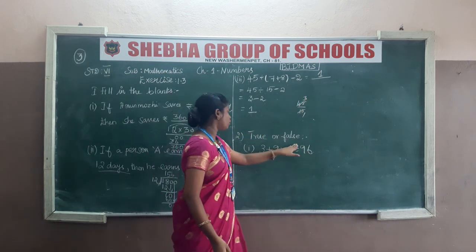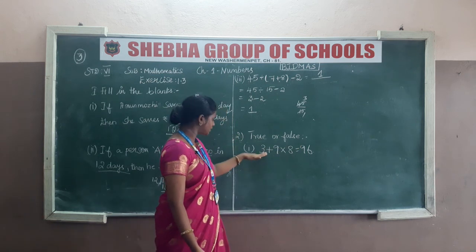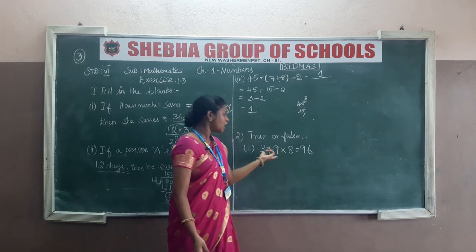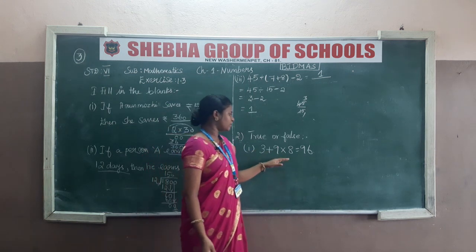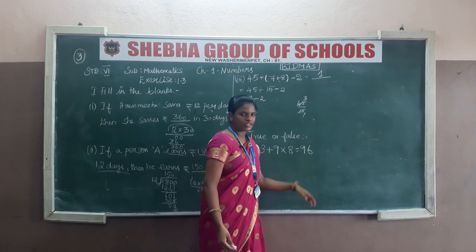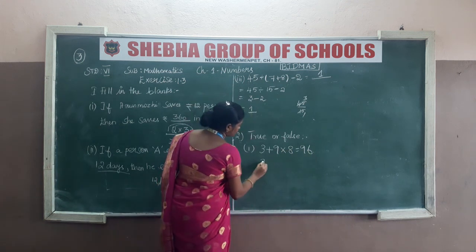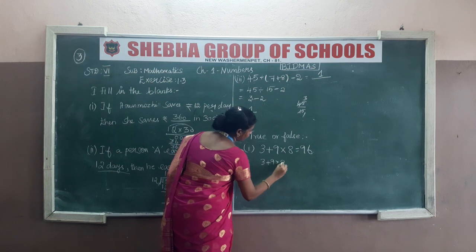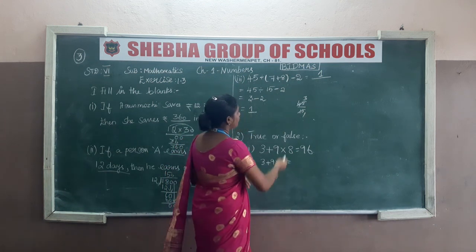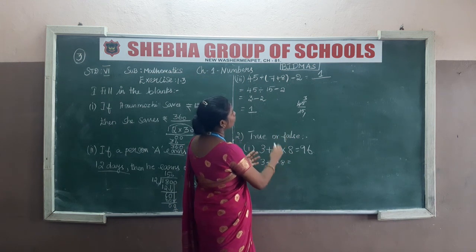Then true or false. Second question, true or false: 3 plus 9 into 8 is equal to 96. We have to find using the BIDMAS method whether this value is 96 or not. First, any brackets? No. Indices?